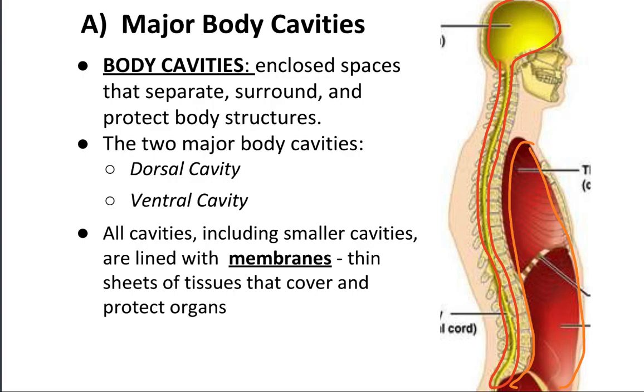And over here on the ventral cavity, you have both a big protective sheet on the very edge, and then even within that, you have your own separate protective sheets, thin sheets within each region to attach the organs to the cavity side walls, as well as give a little bit more cushioning and protection.